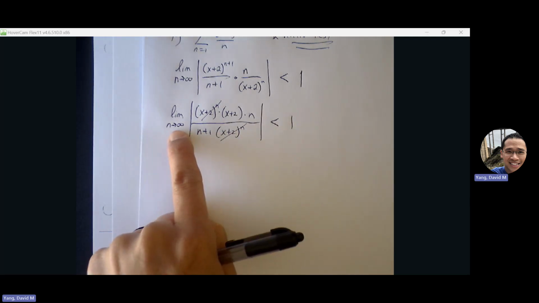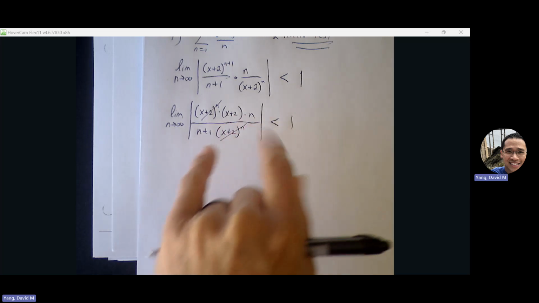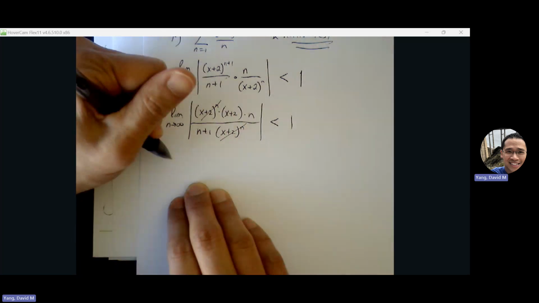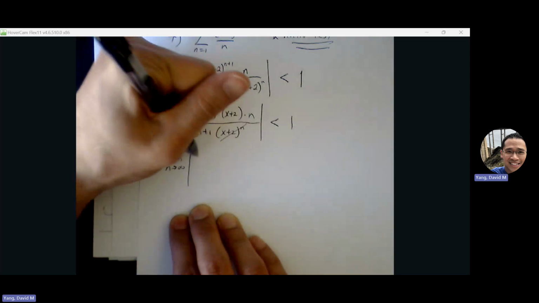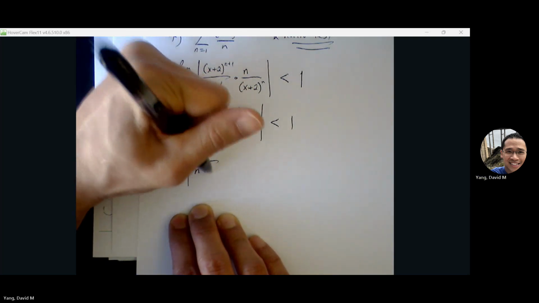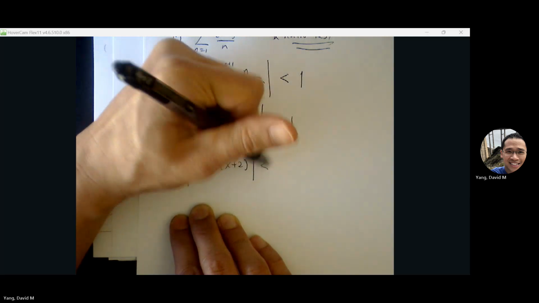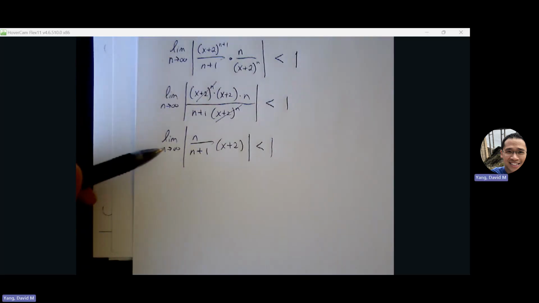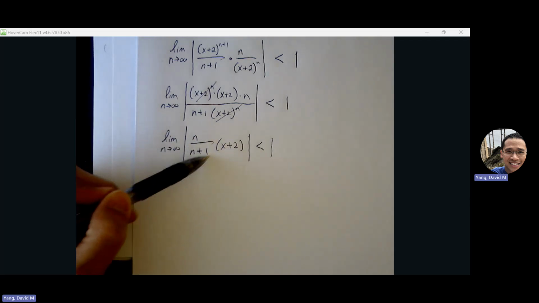It's n that's moving. So what we're left with is the absolute value of x plus 2 times n over n plus 1. Let me rewrite it a different way so that it's more clear. This is the same thing, but really we're finding the limit of n over n plus 1. What does this give us?